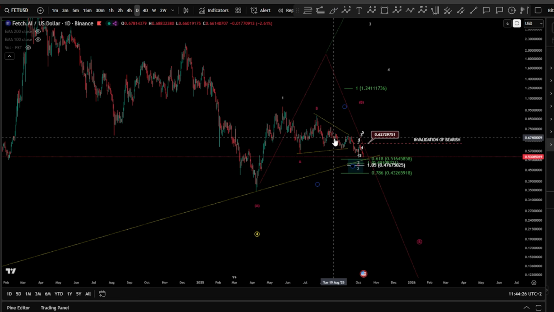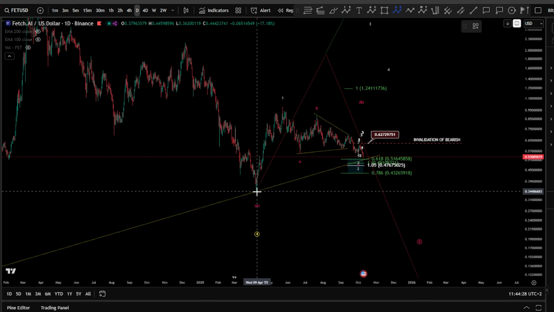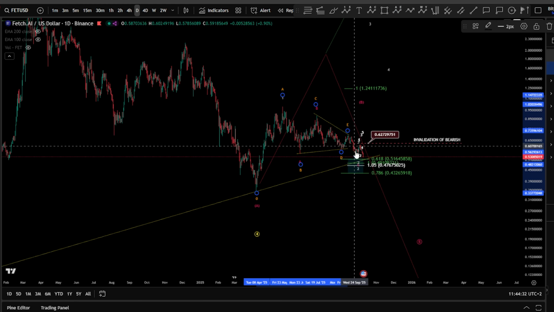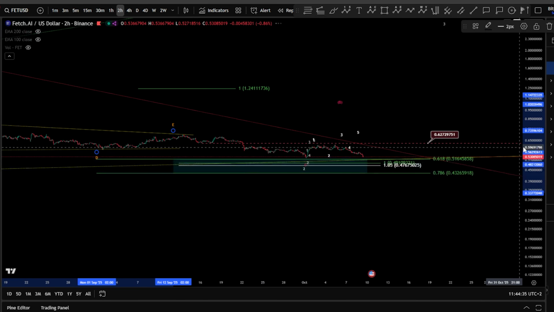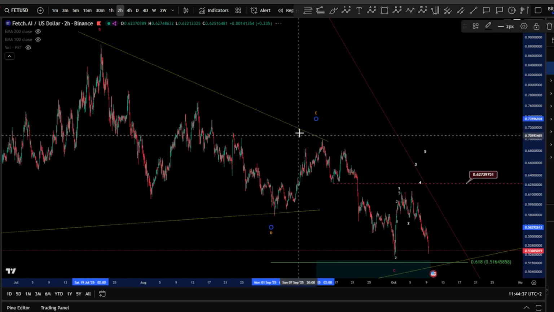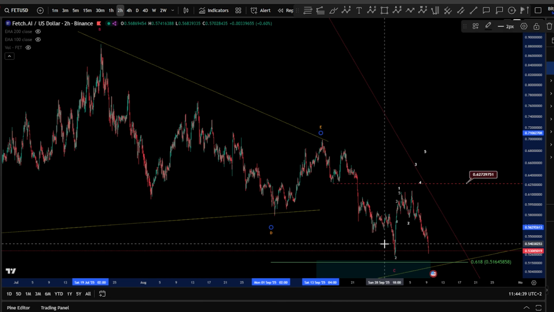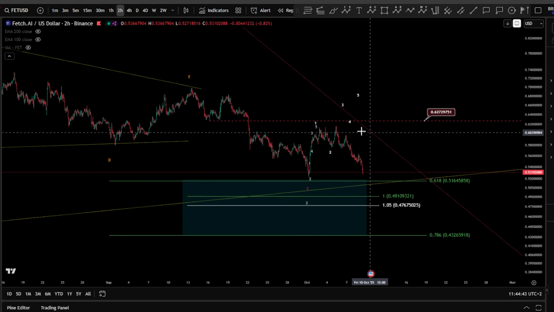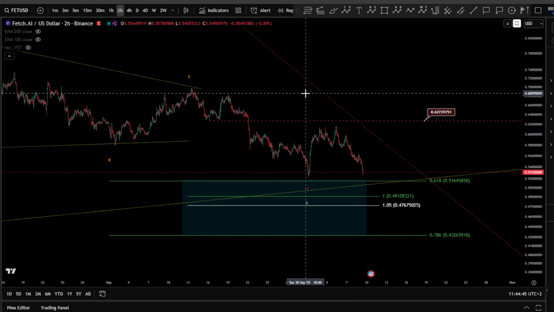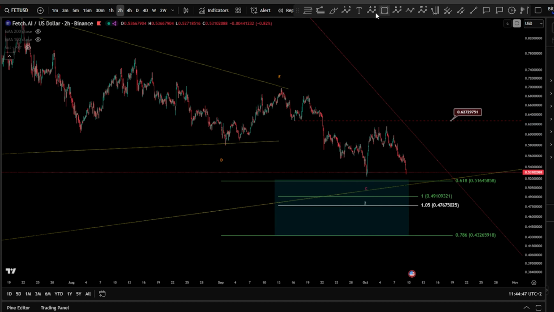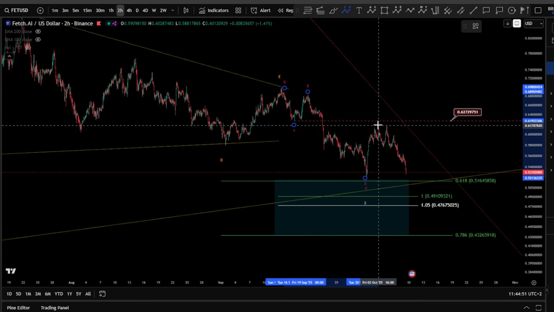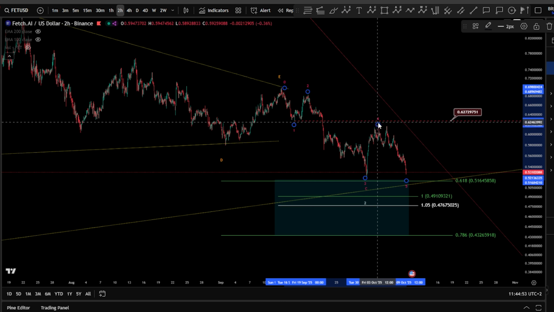Of course, I don't like this triangle. It's looking like a very clear triangle, A, B, C, D, and an E. And then if we dive deeper here after the wave E, we are looking at 1, 2, 3, 4, and a 5. And currently, of course, this has transformed, as we said, into an ABC, which is right now a 1, 2, 3, 4, and a 5.